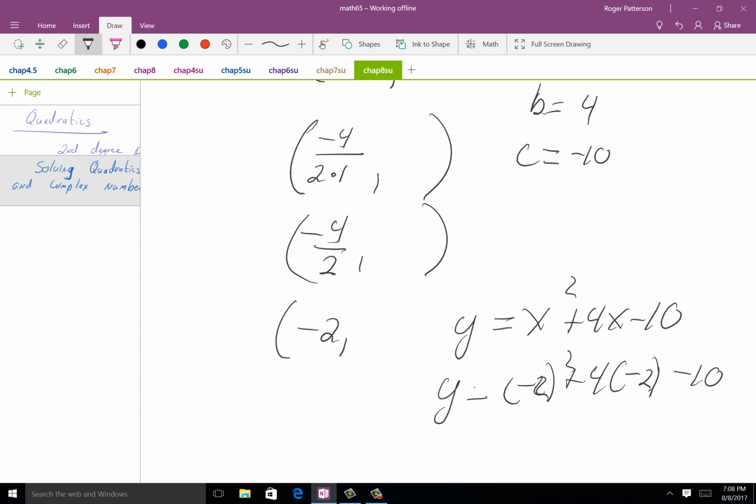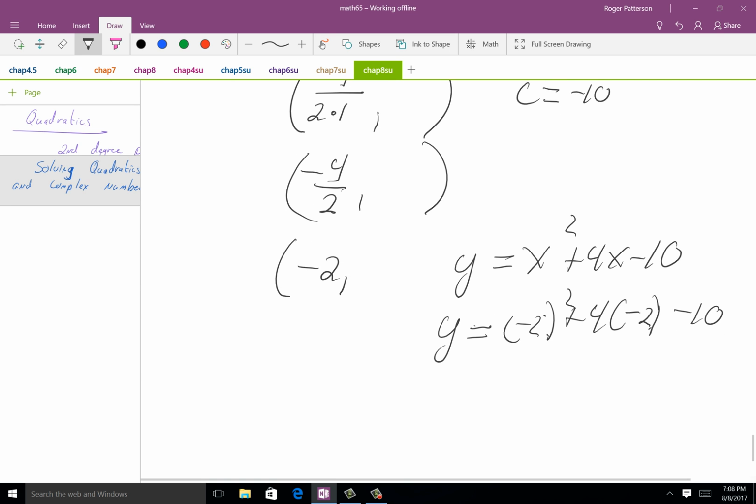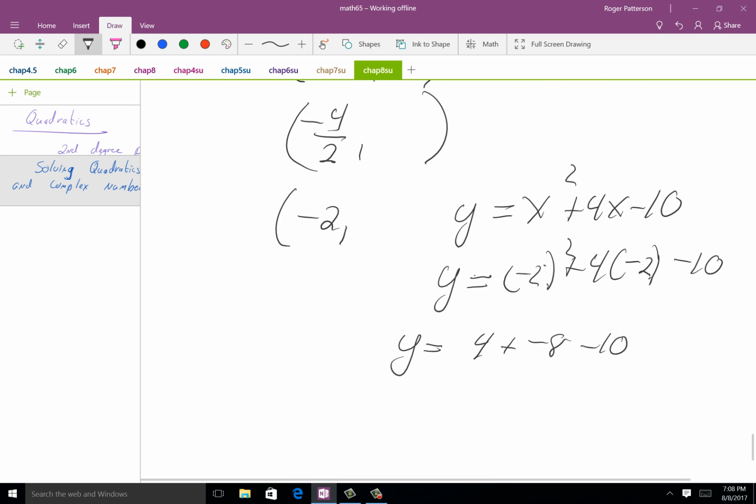And that's how you have to do it. Now, of course, if I had Desmos, I could just graph this and get that y coordinate, but I don't know what certain situations are going to dictate for you. All right. That's negative b over 2a.